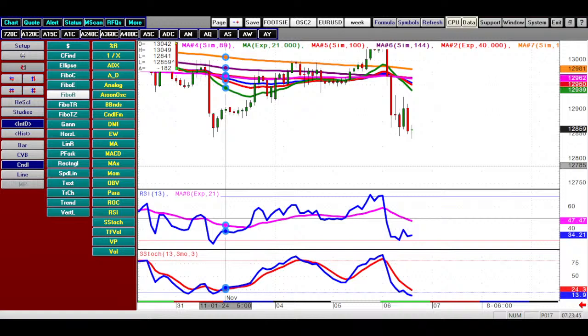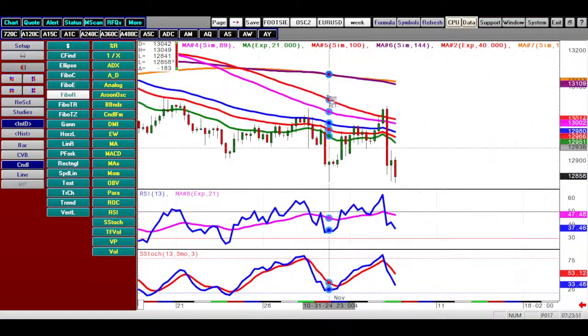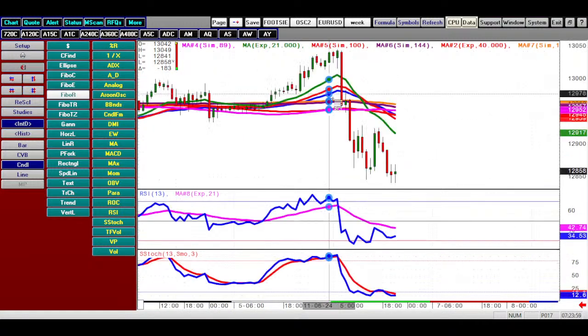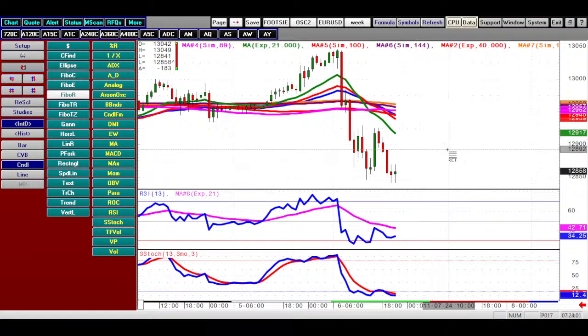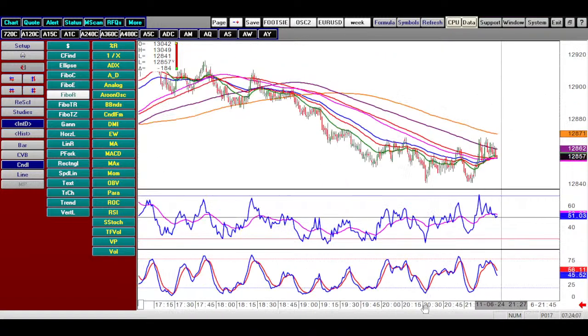So selling near 2910. Okay, the trend control is 360 down, 2895.